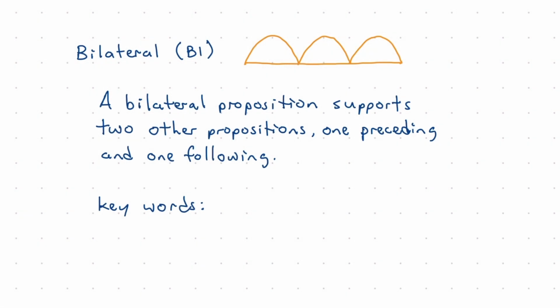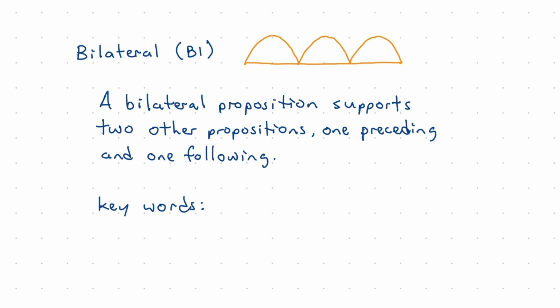Okay, now we come to a really interesting relationship, the bilateral relationship. Bilateral is going to be symbolized by the letters BL. In a bilateral relationship, a bilateral proposition supports two other propositions, one preceding and one following, which is why I have three arcs drawn here for our example.